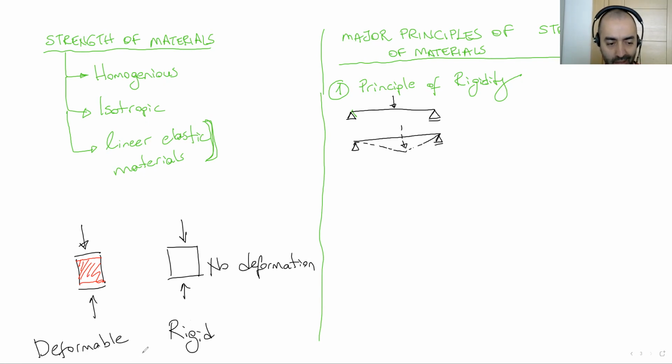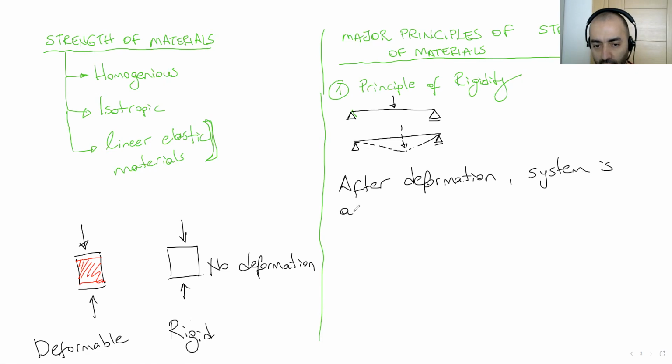Okay, this is the main difference between the deformable and the rigid members. So in this principle, after deformation, the system is assumed to be like a rigid system.